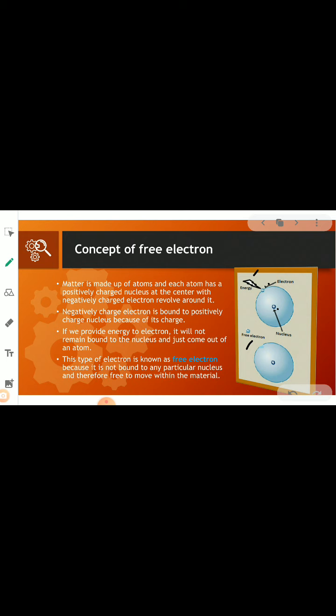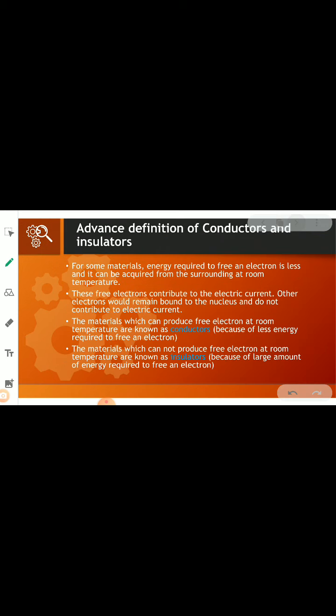Now, do all materials have the same free electrons? No. For some materials, the energy required to free an electron is less, and it can be acquired from the surroundings at room temperature. There are some materials where it requires more external energy. These free electrons contribute to the electric current.